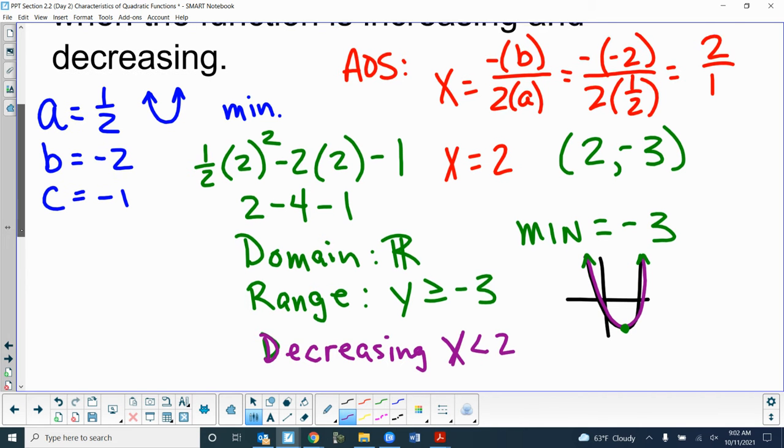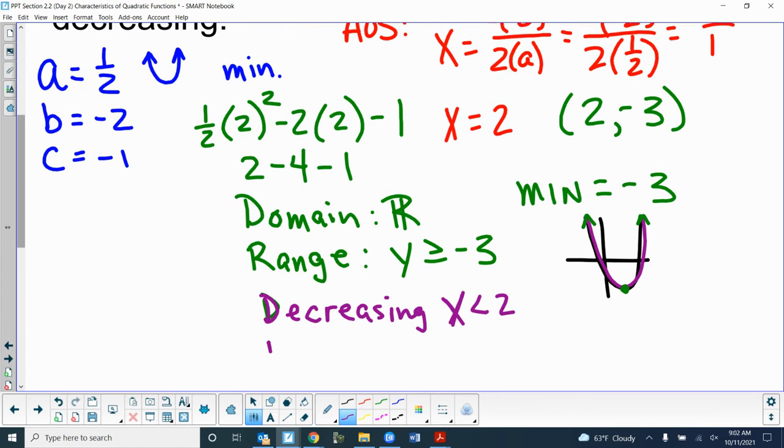And then after it gets to 2, it starts doing what? Going up, right? When x is greater than 2. Okay? So we did have to graph it, but if it helps you to graph it, go right ahead. Questions?